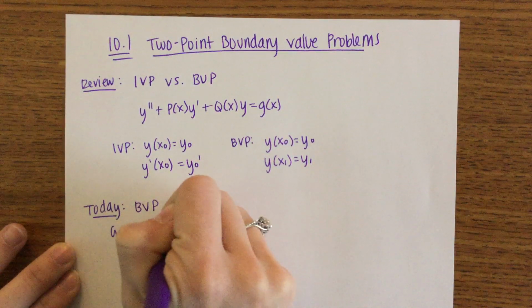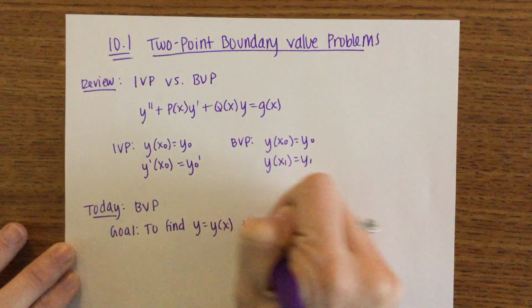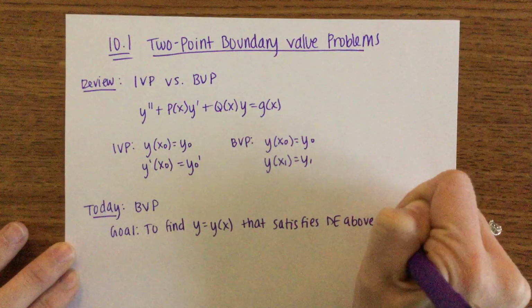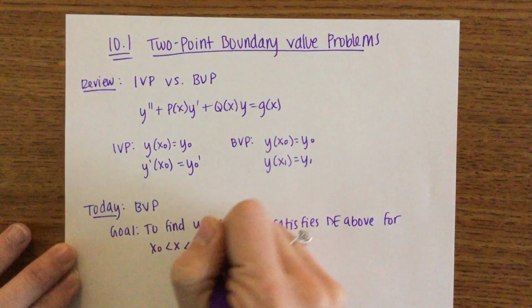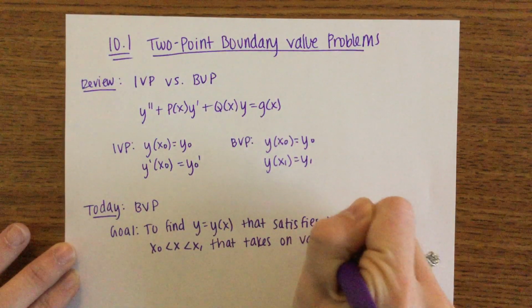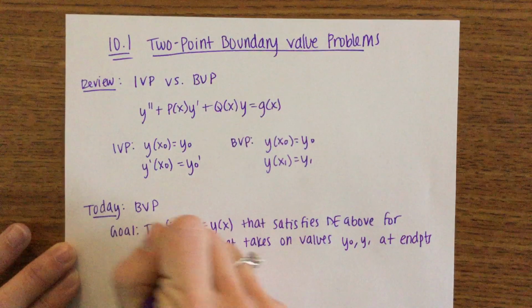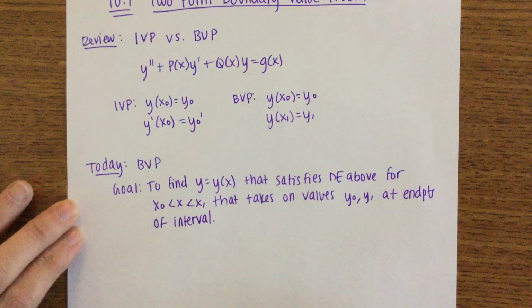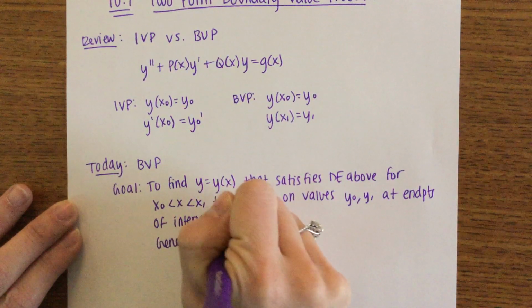Our goal is to find some y that's a function of x that satisfies the differential equation above for all x between x naught and x1, that takes on the values y naught and y1 at the endpoints of the interval. Generally, as we've always done, we're going to find the general solution first.